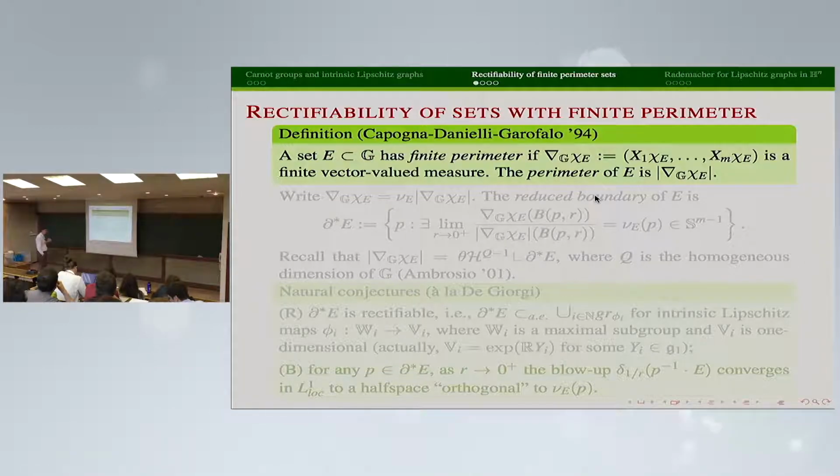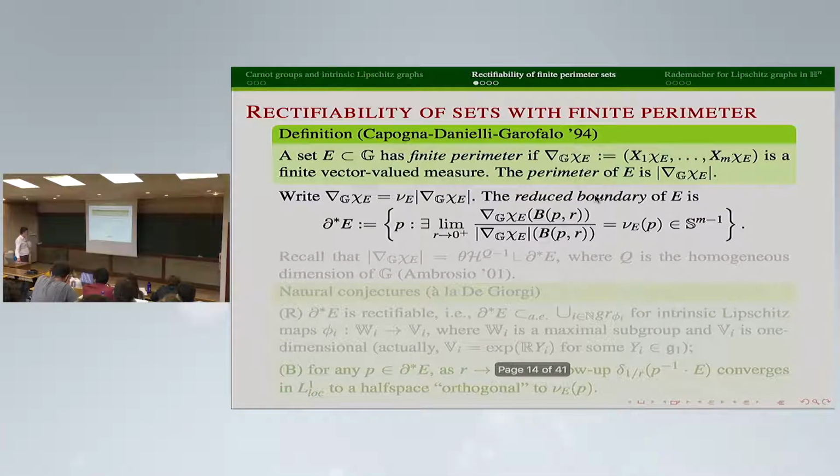By finite I mean a vector valued measure with finite total variation. Now the total variation of a vector valued function is a positive measure, and we want it to be finite or locally finite at least. In this case we will say that the set has locally finite perimeter. And the perimeter of E is the total variation, a positive measure, of such a vector valued measure.